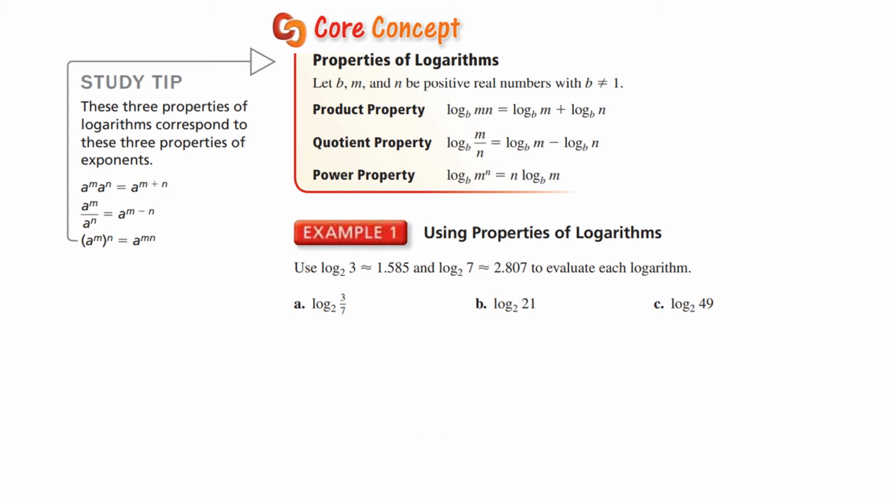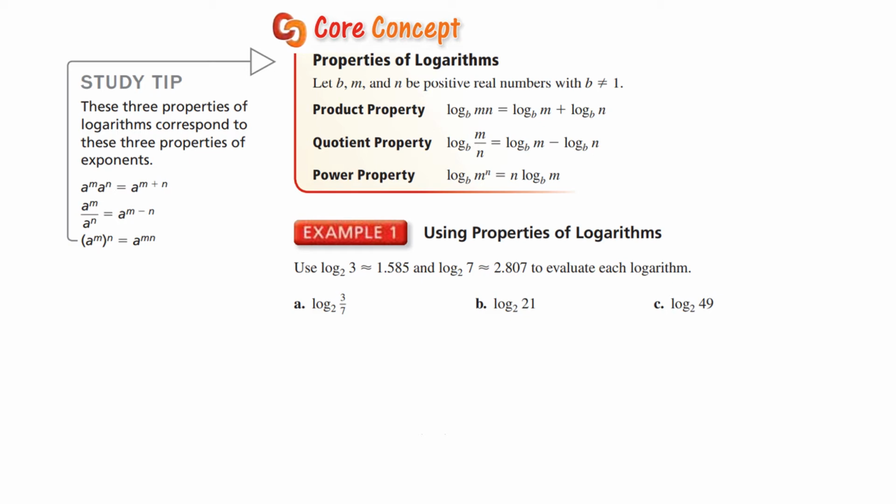Our first example today is sort of just an academic exercise because we have calculators at our disposal. We don't need to go to this length to find out our solutions, but it is good to recognize that these properties work using these approximations. So in example A, we want to evaluate what's the value of log base 2 of 3 divided by 7.